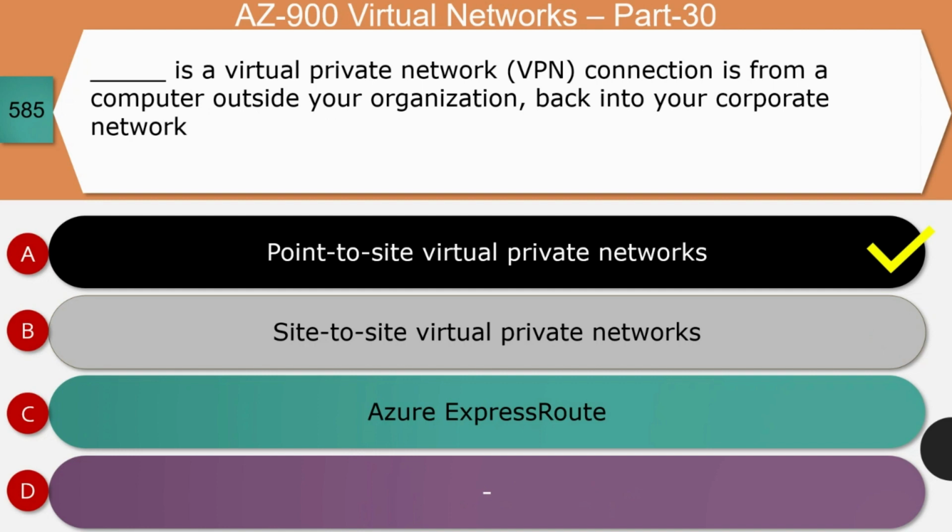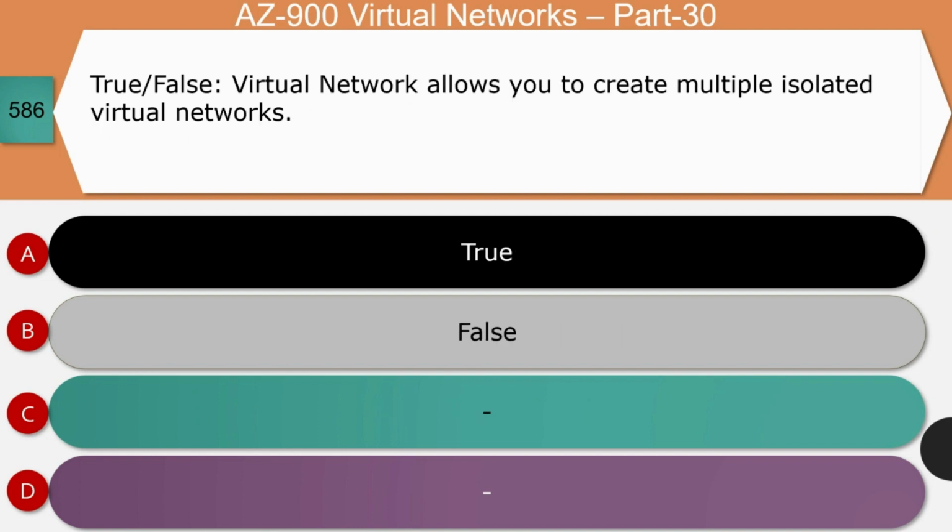A point to site virtual private network is a VPN connection that allows an individual client computer to connect to a virtual network over the internet. This type of VPN is typically used by remote workers or employees who need to access the resources on the company's private network from a remote location. And so option A is the right answer.